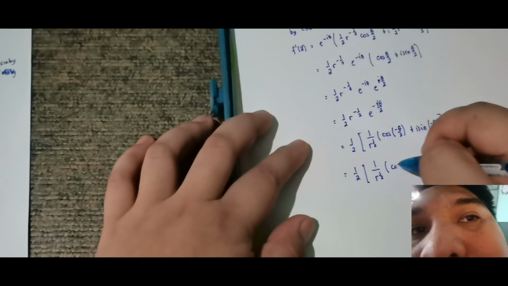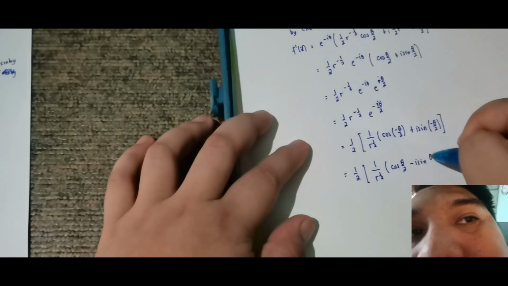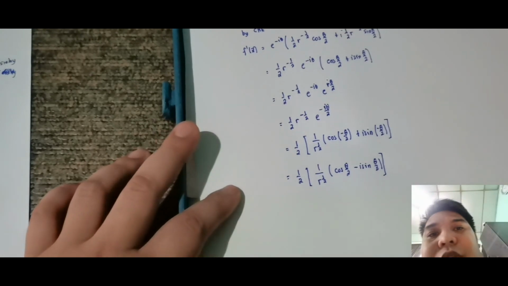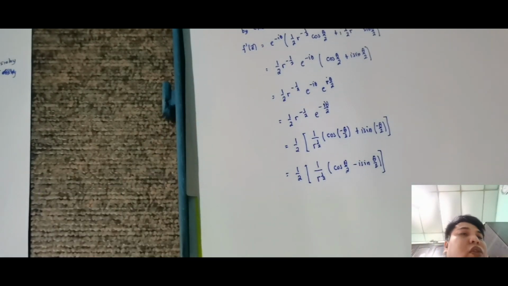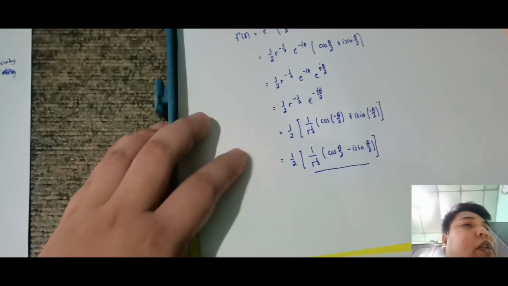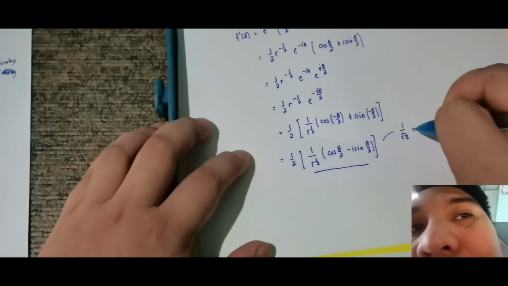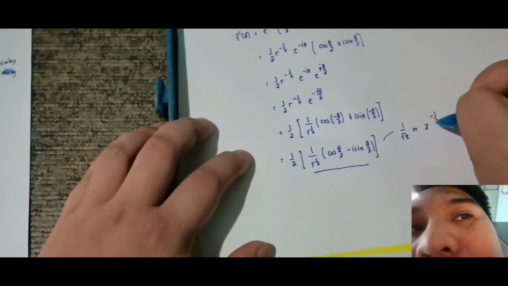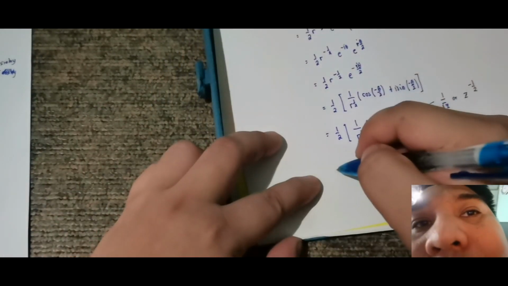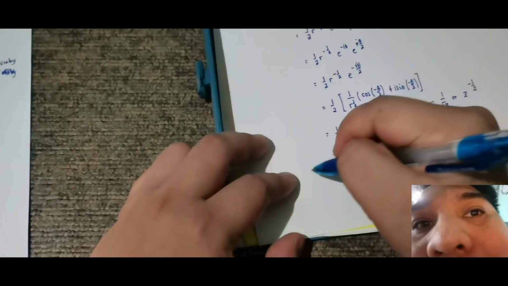Then ito ay cosine magiging positive, then minus I sine theta over 2. Okay? So ang obvious na itong part na to, ito ay parang 1 over square root of z. So ito yung part na 1 over square root of z. Okay, or siya yung equivalent, z raised to negative 1 half. So try mo yun ibalik dyan at yun ang kakalabasan. Okay, so therefore this is equivalent sa 1 over 2 square root of z, which is yung kanyang derivative.